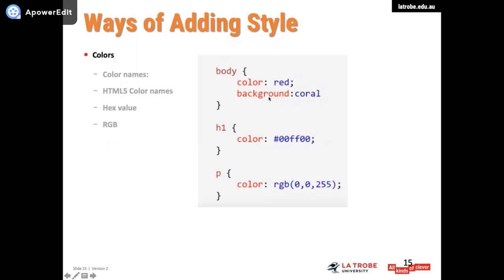So those are two different keywords. And then it's the value. As we mentioned last week, we can directly use the name of the color, or you can use the hex value of the color, which you can check online, or you can use the RGB array to personalize the color. So three ways.